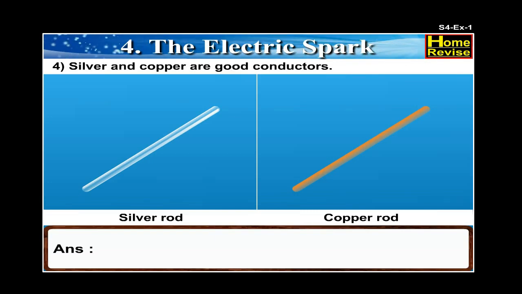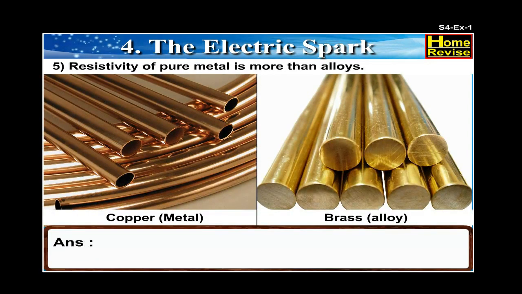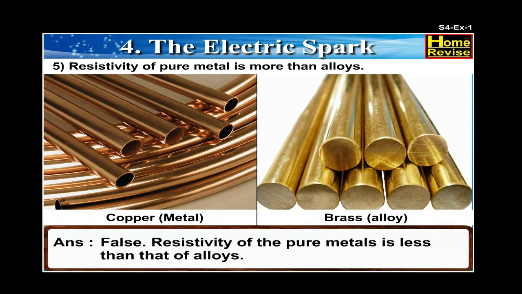The answer is true. 5. Resistivity of pure metal is more than alloys. The answer is false. Resistivity of pure metal is less than that of alloys.